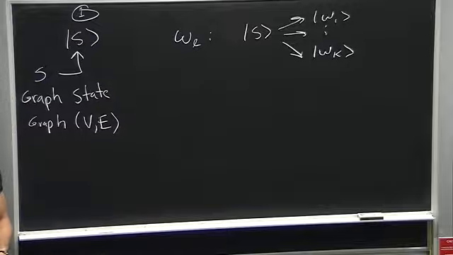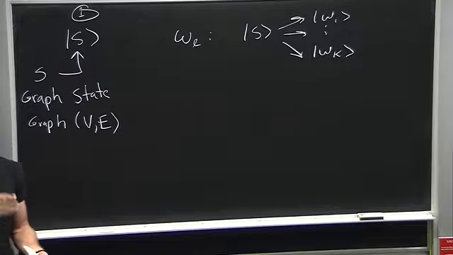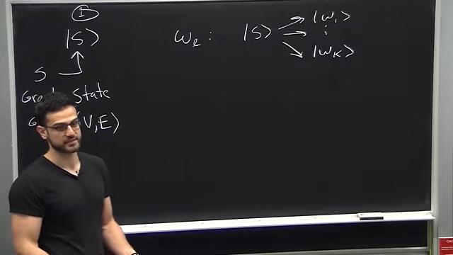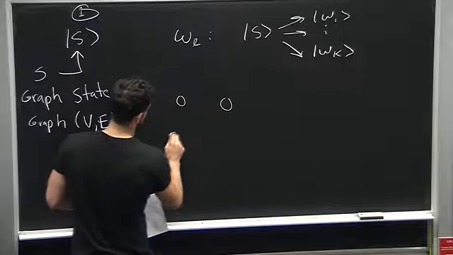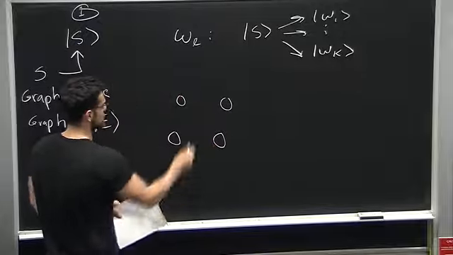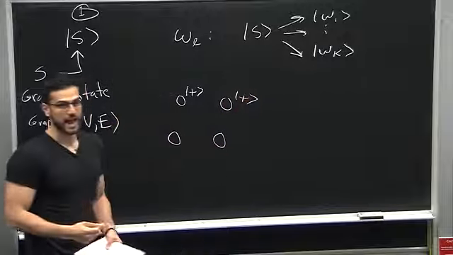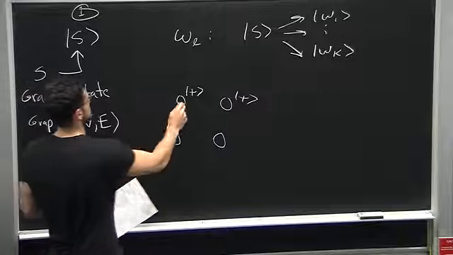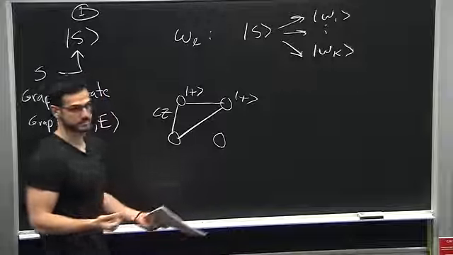In the graph, we have different elements represented by vertices, connected by edges that depict some kind of relationship between those vertices. The way we use graphs for graph states is that each vertex represents a single qubit in the plus state, and edges between these are represented by control Z's.